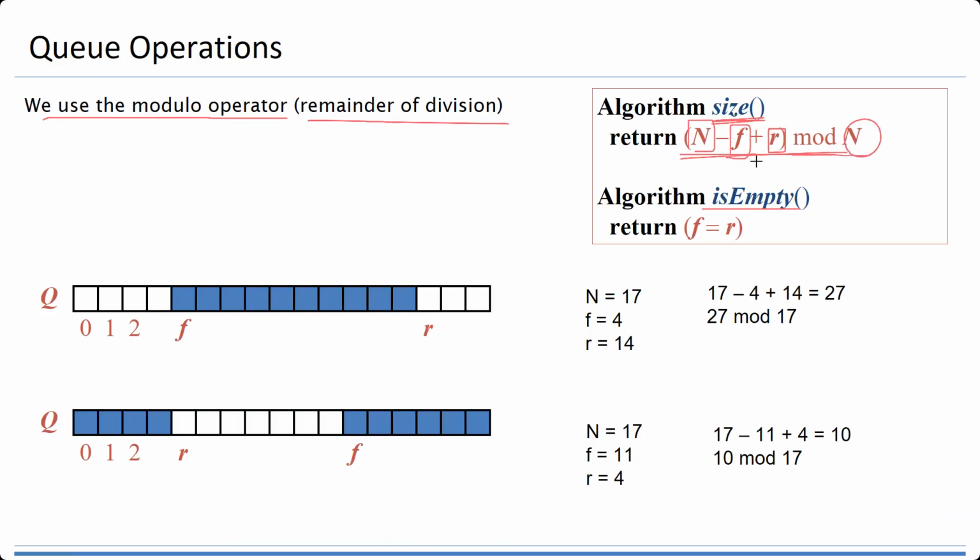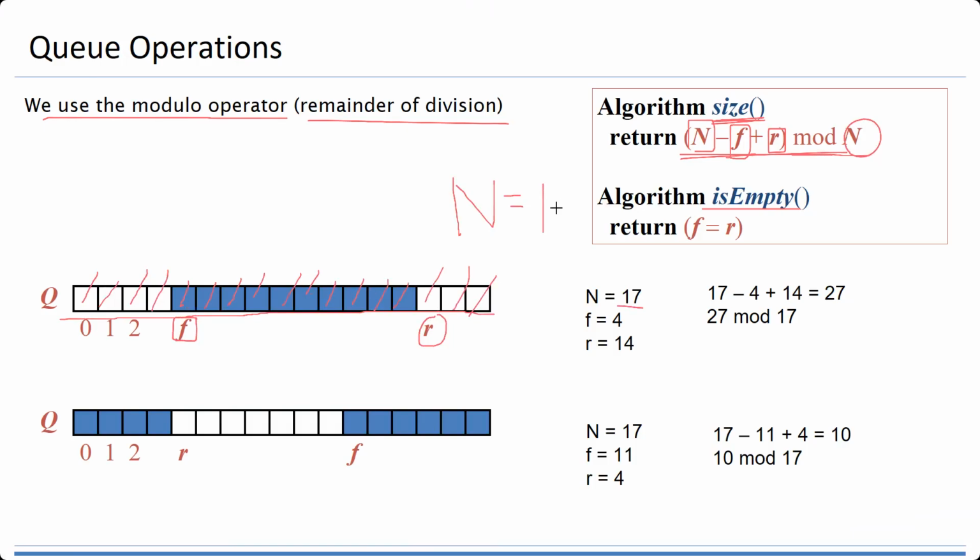What does it mean? Let's see this one. Now F is here and R is here. What about N? N is 17, the one that I mentioned to you: 1, 2, 3, 4, 5, 6, 7, 8, 9, 10, 11, 12, 13, 14, 15, 16, 17.